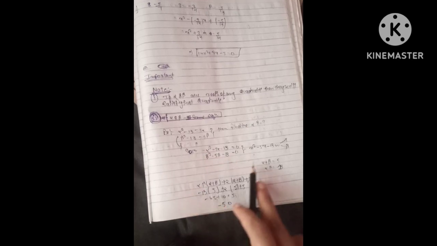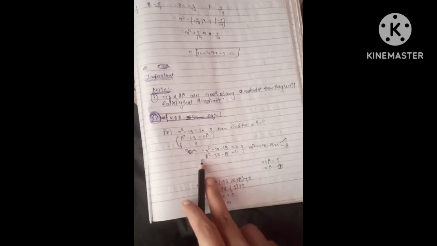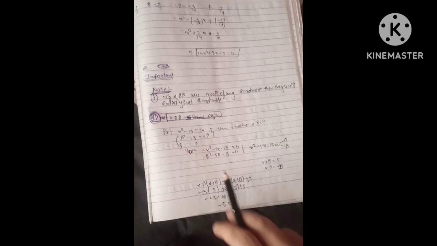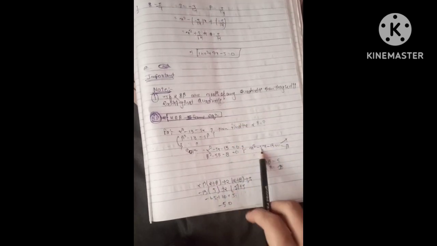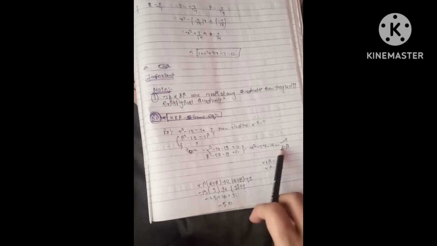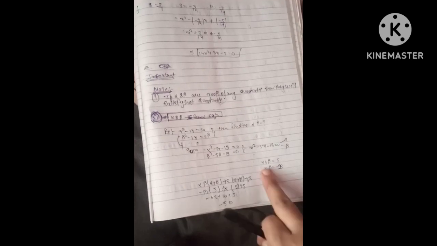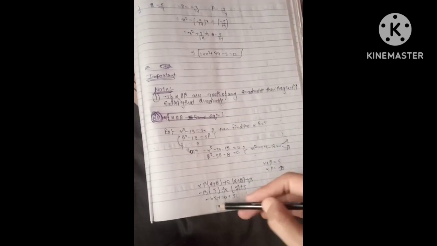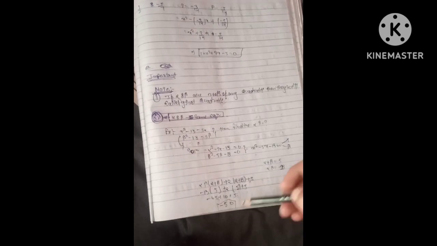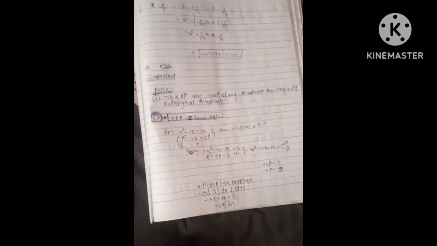Both are the same equation, so alpha and beta are the roots of the quadratic equation. Because of this statement, x² − 5x − 13 = 0, and alpha and beta are its roots. Sum of roots is 5, product of roots is −13. Then solve it and we get −50 as the answer.